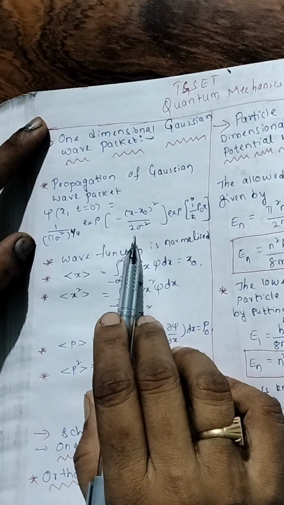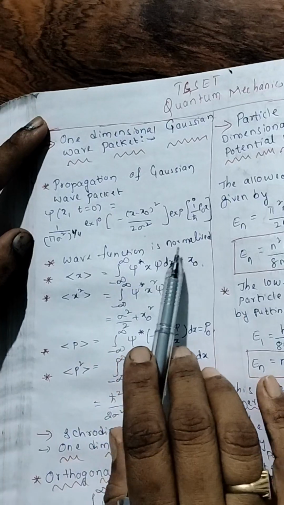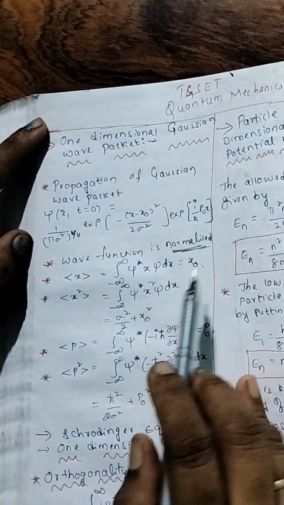Sigma is the spatial width of the wave packet. Now the wave function is normalized. Remember this, it may be asked as a bit.